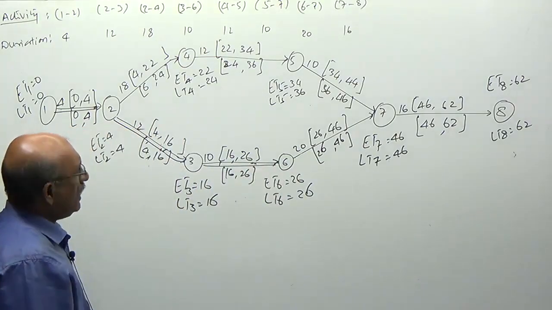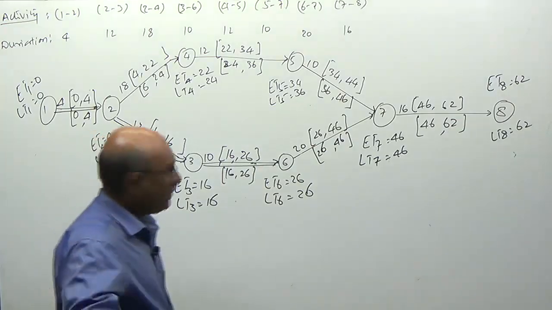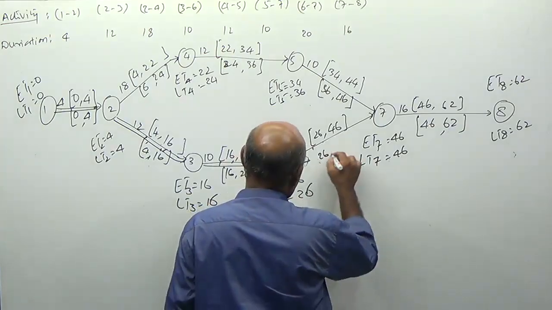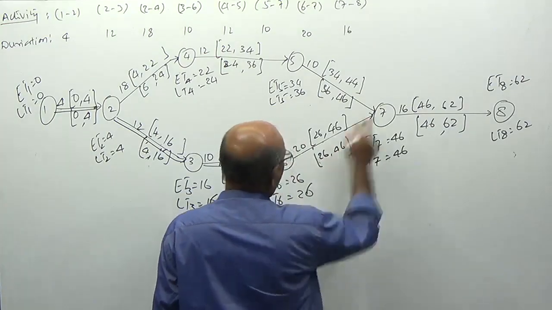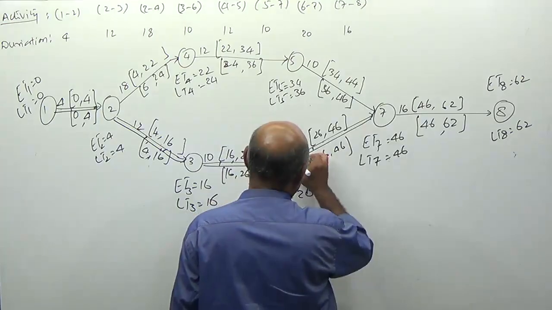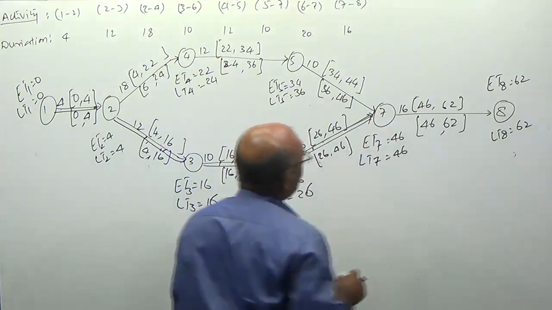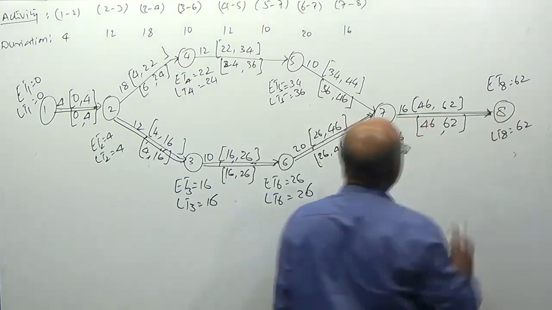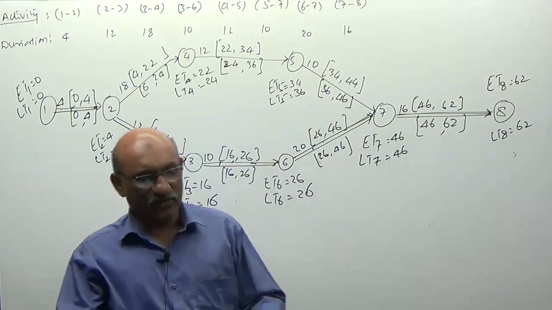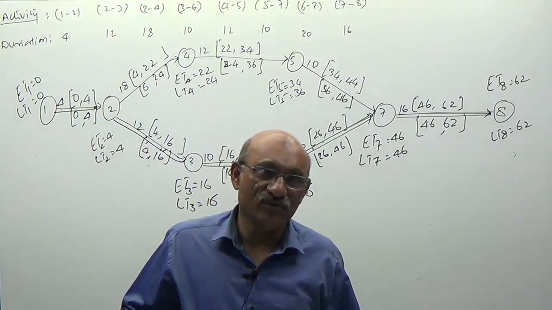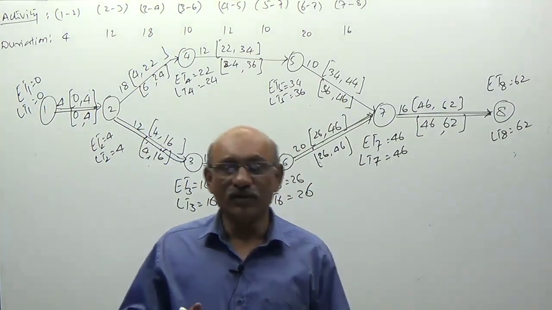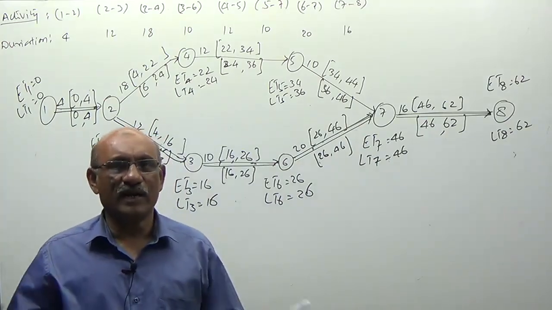For 3, 6, the same. And for 6, 7, the same. And for 7, 8, the same. So these activities are called critical path activities, and this path is called the critical path.